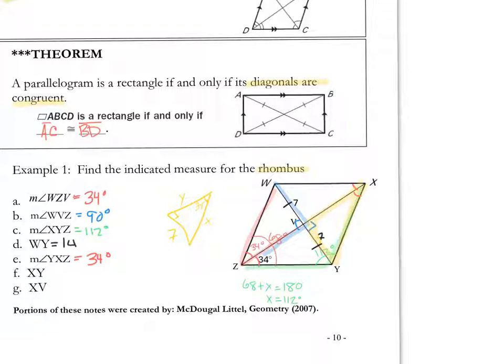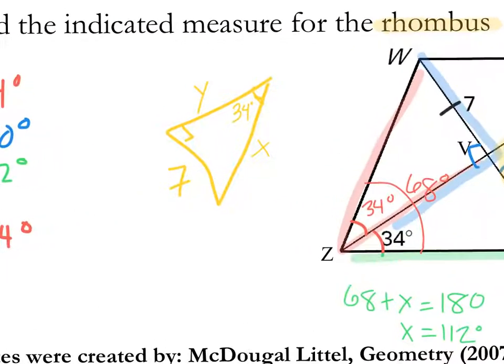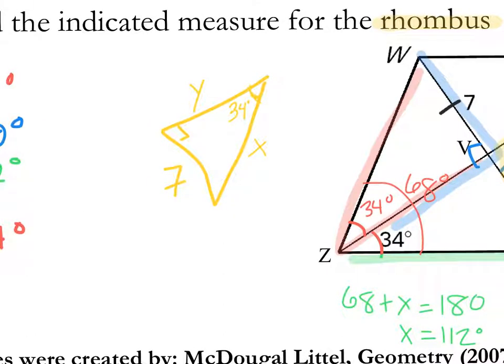Now, I highlighted the yellow triangle, and I drew it out here. Top angle is 34. The XY is going to be my x, and my XV is going to be my y. And I know my 7 is going to be the other side. And how we solve this is by trig. I know we may not remember that, but this is my opposite, this is my hypotenuse, and this is my adjacent.